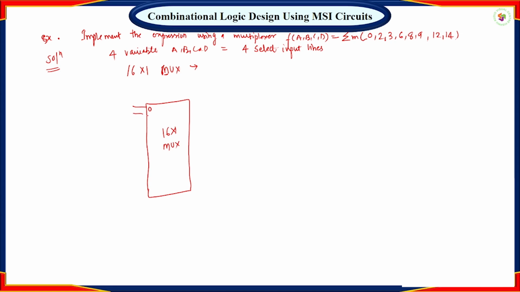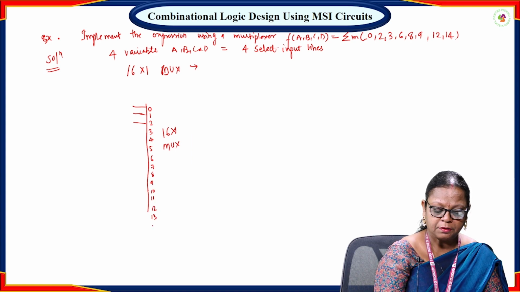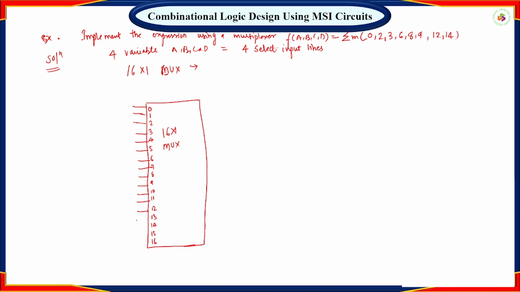We will define them as 0, 1, 2, 3, 4, 5, 6, 7, 8, 9, 10, 11, 12, 13, 14, 15. These are the 16 input lines and a single output Y. And as per the requirement, as you have 16 inputs, 2 power m equals n.